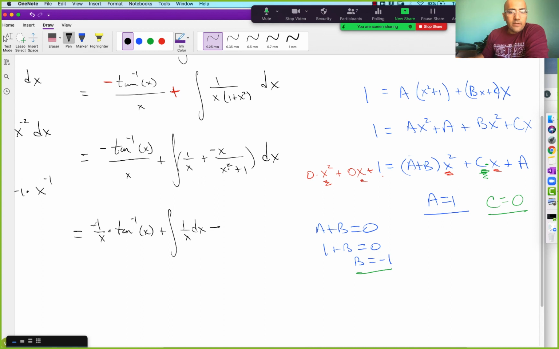minus, and then here I'm going to do a little u substitution. I'm going to let u equal x squared plus 1. So du is going to be equal to 2x dx. So I almost have it. I just have to throw in that extra 2 and then balance it out with a 1/2. So I'll end up with minus 1/2 on the outside of the integral of 1 over u du.